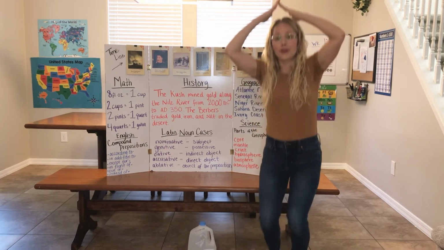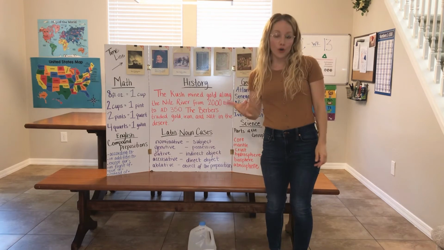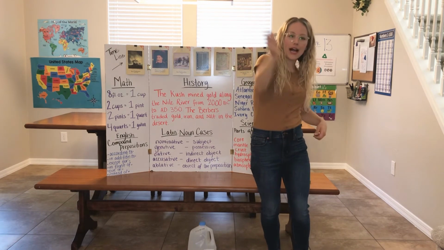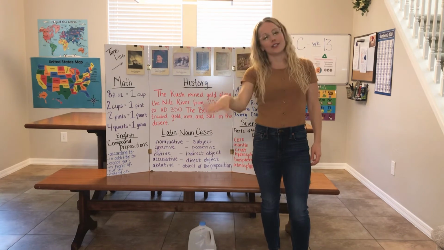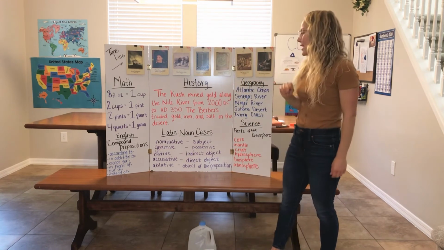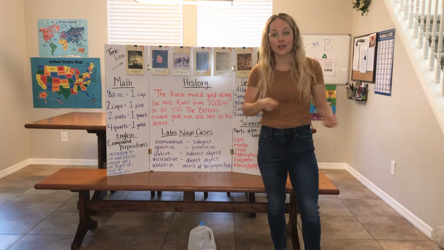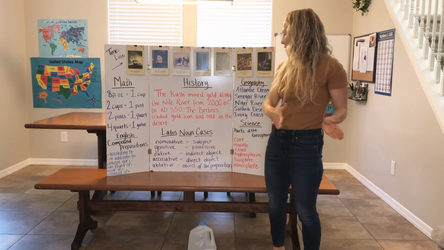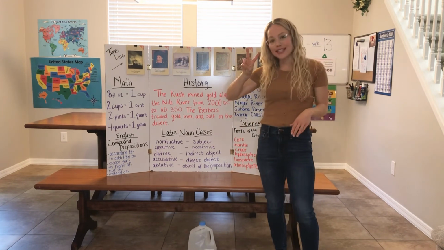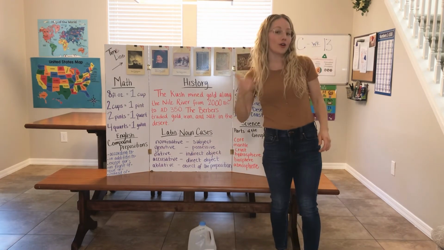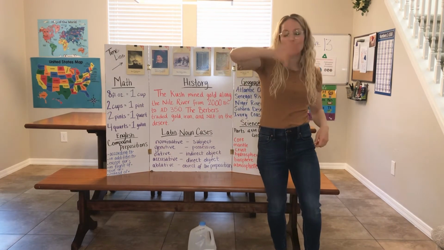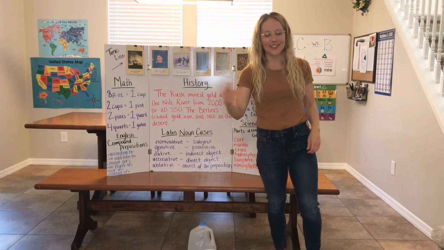So the Berbers traded gold, iron, show me an iron weapon, iron and salt in the desert where it's hot. Okay, so one more time. The Kush mined gold along the Nile River from 2000 BC to AD 350. The Berbers traded gold, iron, and salt in the desert.